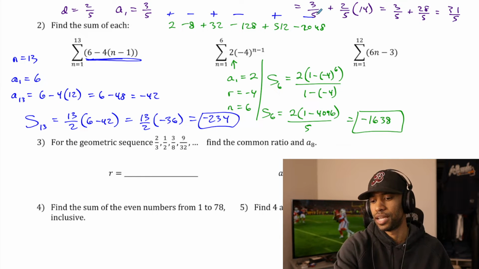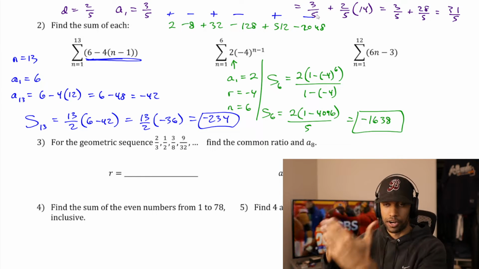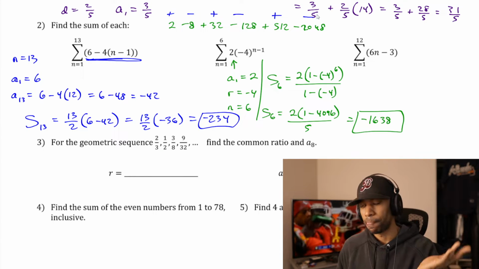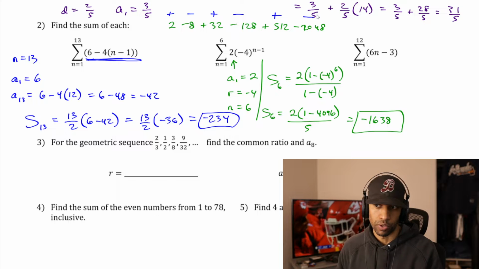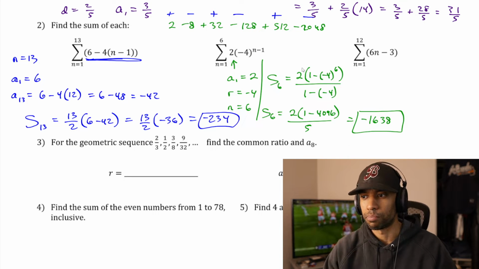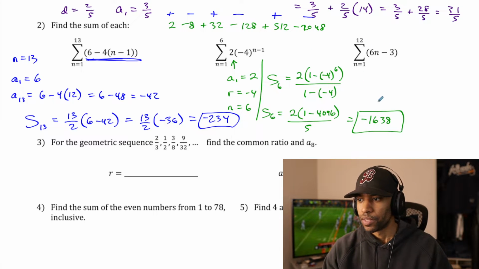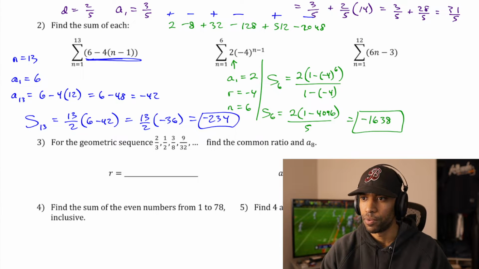As the signs alternate, the even termination would have given us a negative result, which this did, and an odd termination would have given us a positive result. And that's why it's important to distinguish between what that thing would have been, a minus or a plus there, among anything else. So that's your final answer on that one there, and kind of short on room, but let's move forward to this one here.